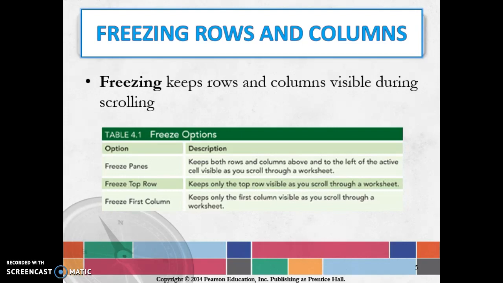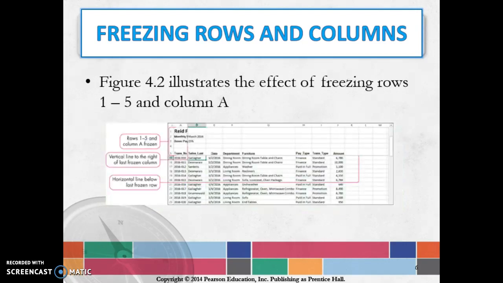What is this particular column about? Is it sales? Is it fees earned? What exactly is this column representing? Being able to freeze rows and columns is a great way to keep those headers so that you can actually read the data and understand it as you're looking through the data set.